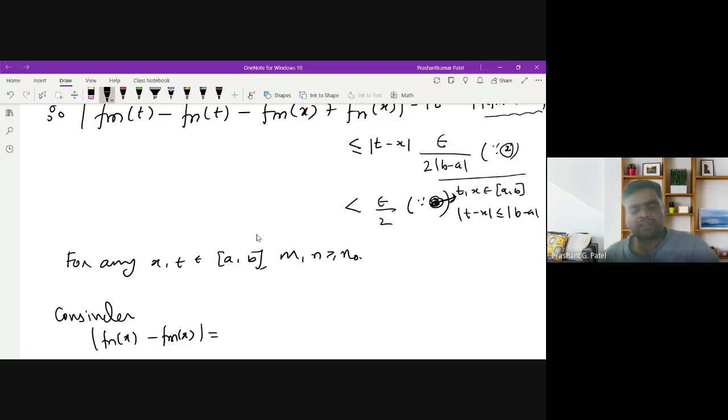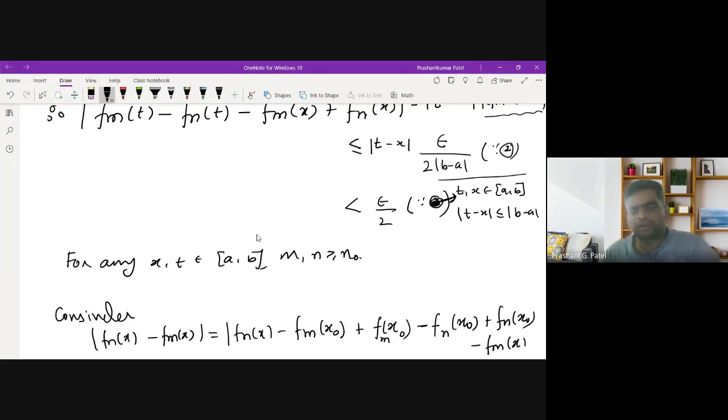So we'll add and subtract some terms here. So it is f_n(x) minus f_m(x), which is already there. Then I will add f_n(x0) and subtract f_n(x0), and also add and subtract one more term, f_m(x0), with the last term minus f_m(x) already there.